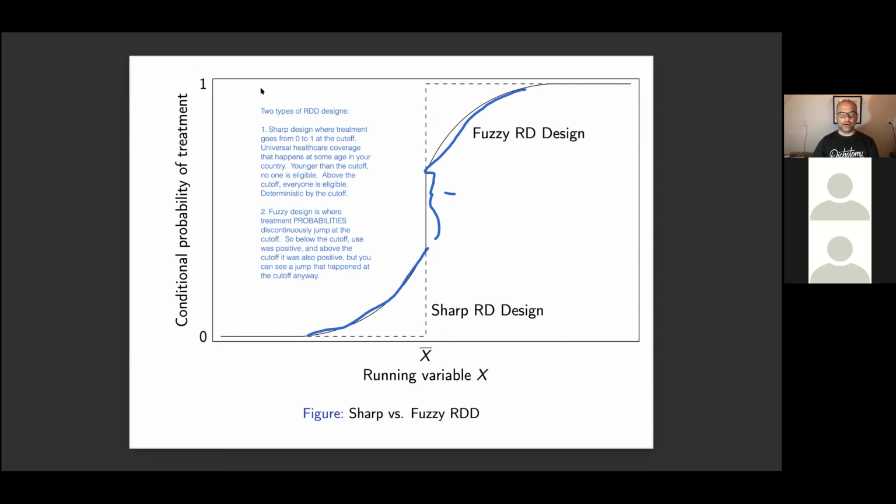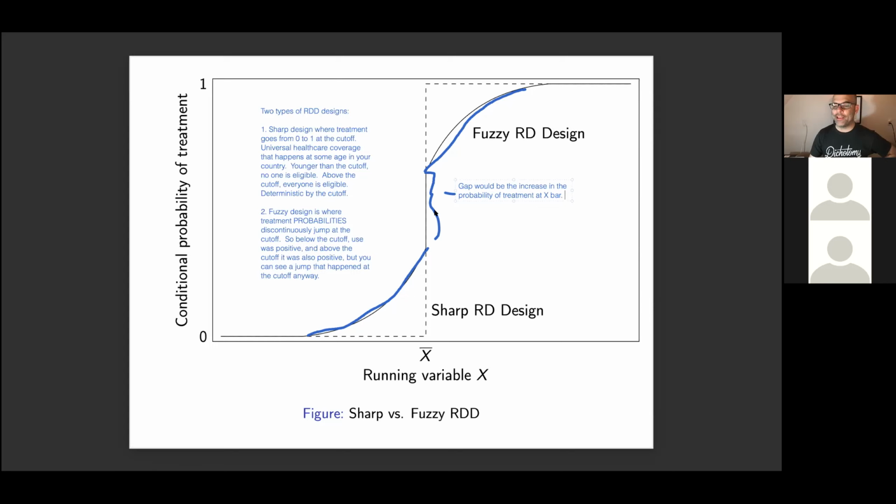The gap here would be the increase in the probability of treatment at X bar. It'd be the discontinuous jump.